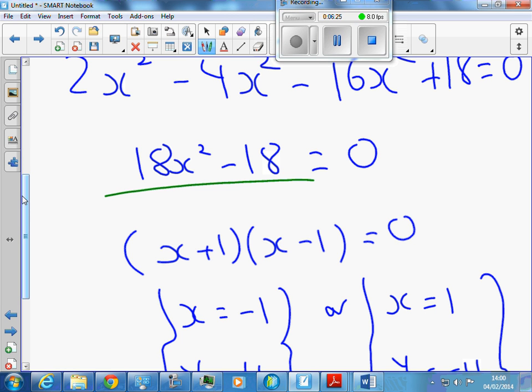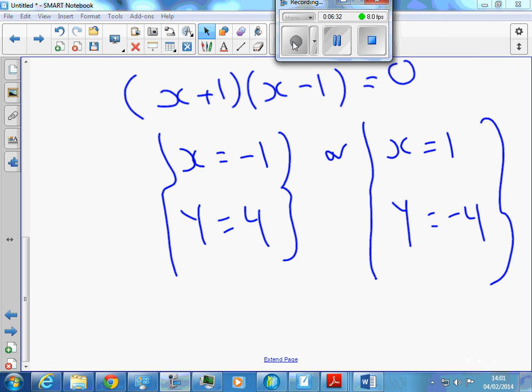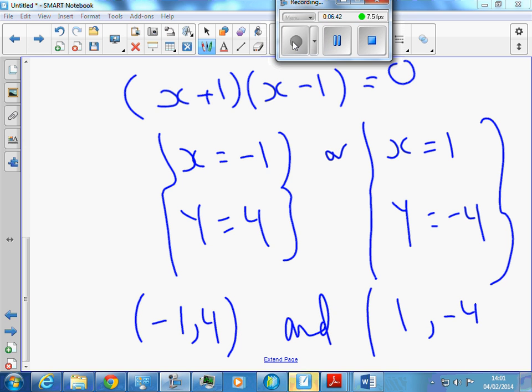I've got x squared minus 1. That's how you factorize x squared minus 1. Again, that's C1. So because they want coordinates, the coordinates therefore are minus 1, 4, and 1, minus 4, just to complete the answer.